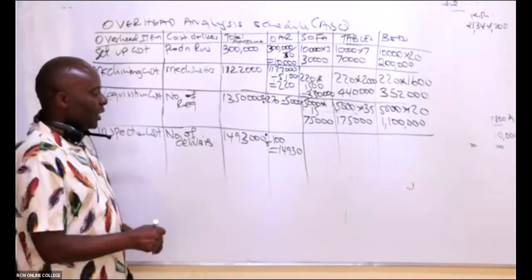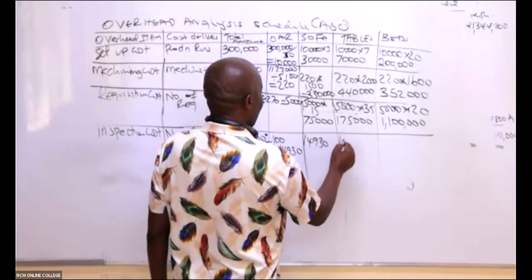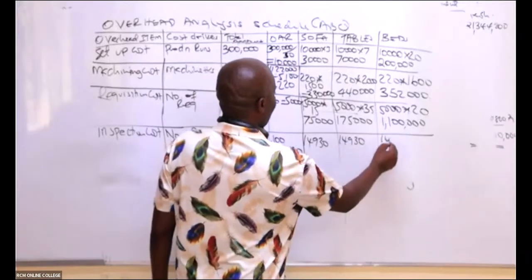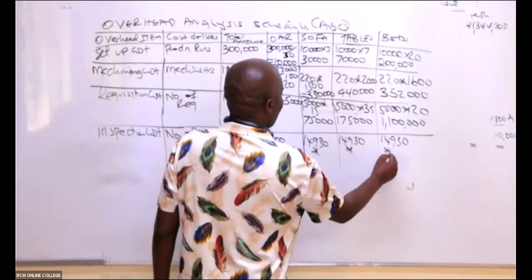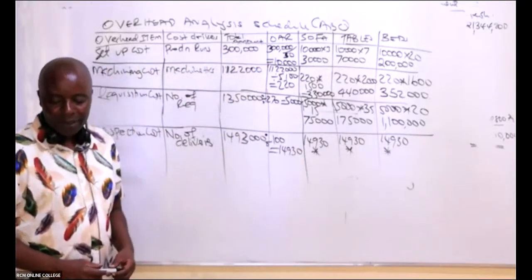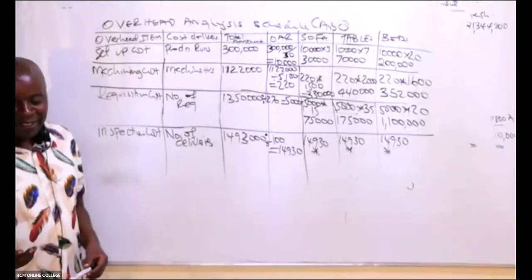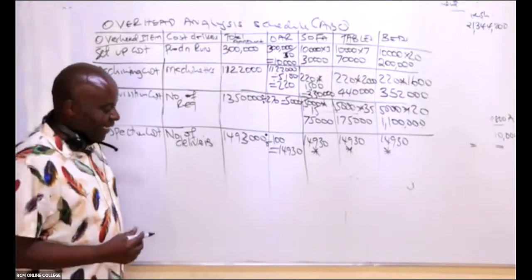So then this will be 14,930 times the number of deliveries. Can you give me the number of deliveries for sofa sets? 30.